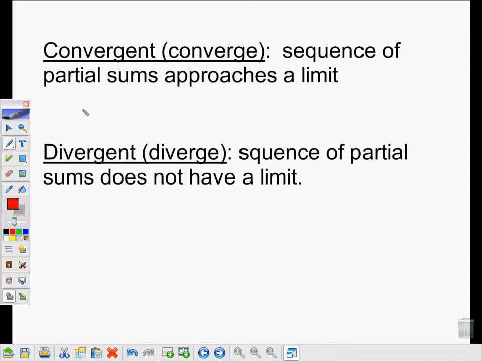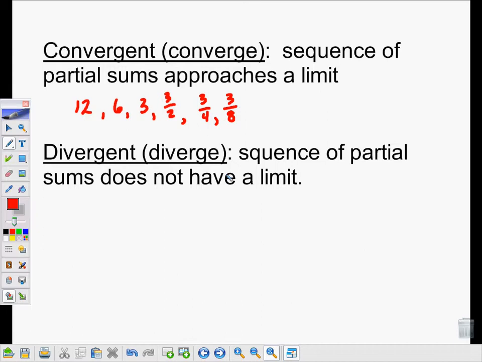For instance, the geometric series of 12, 6, 3, 3 halves, 3 fourths, 3 eighths.